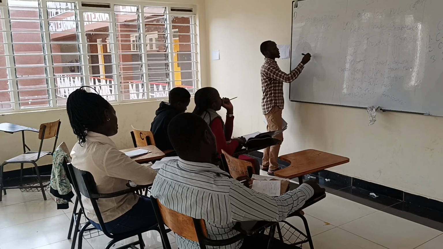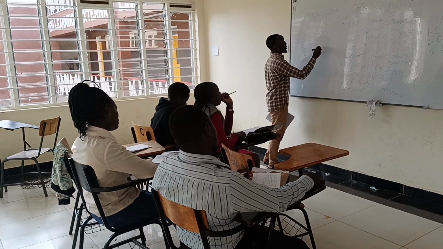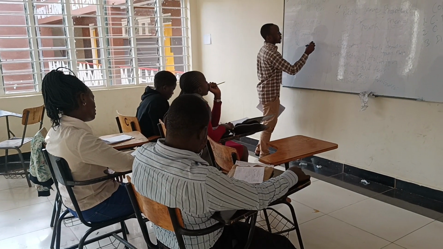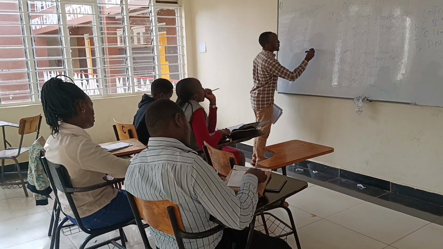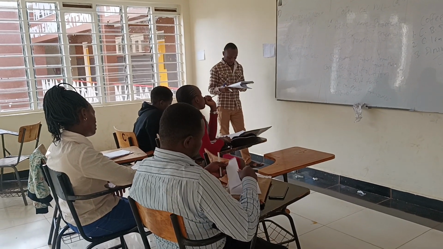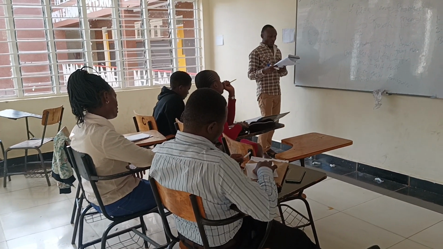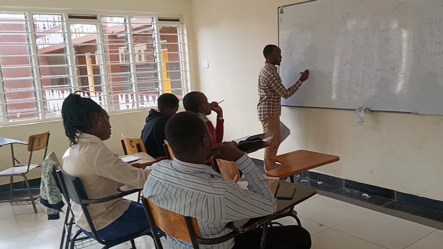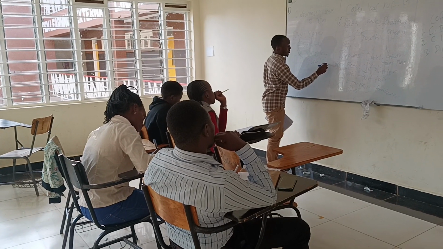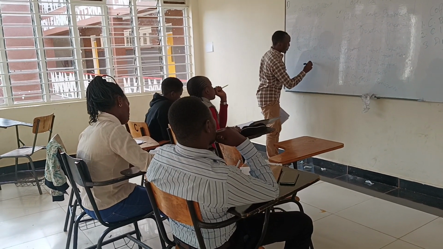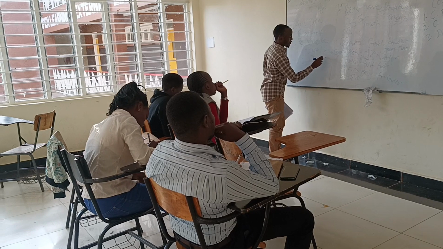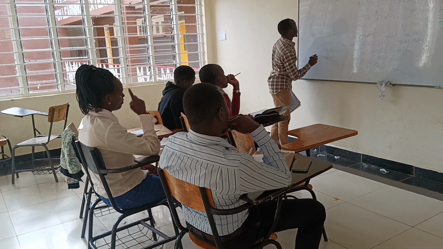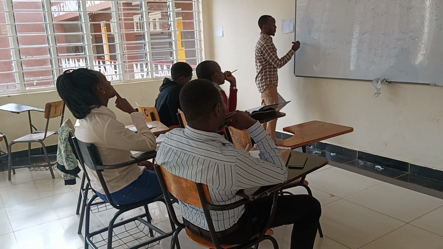So one of the symptoms is berry fall or fruit fall, and another one is stunted growth in young productive plants. Let's go to the control.